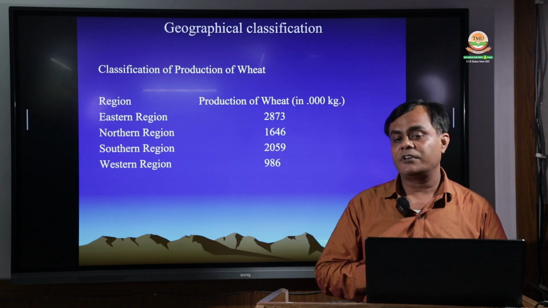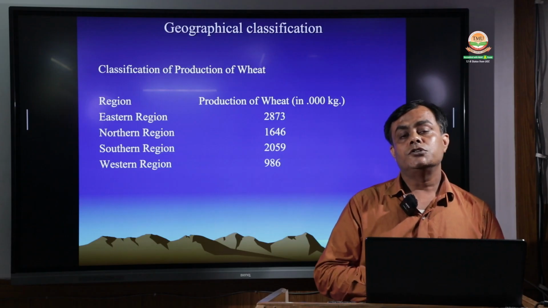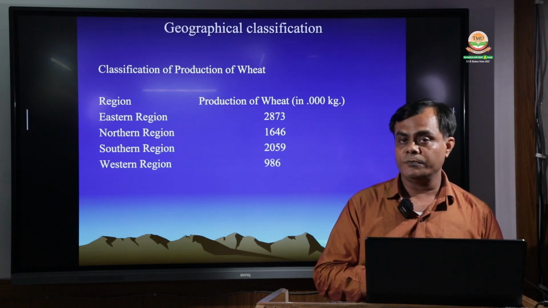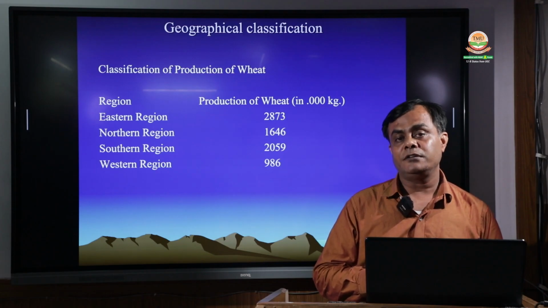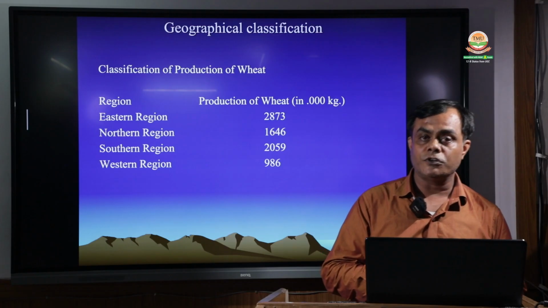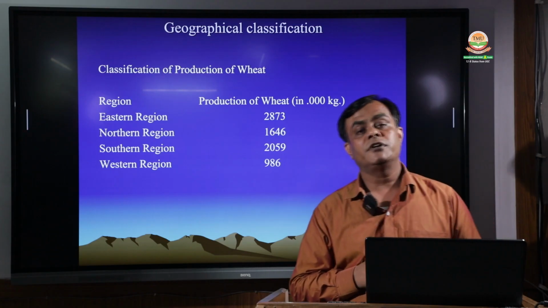This type of classification is geographical classification. Simply again, if we are classifying the data on the basis of geography, that is called geographical classification.